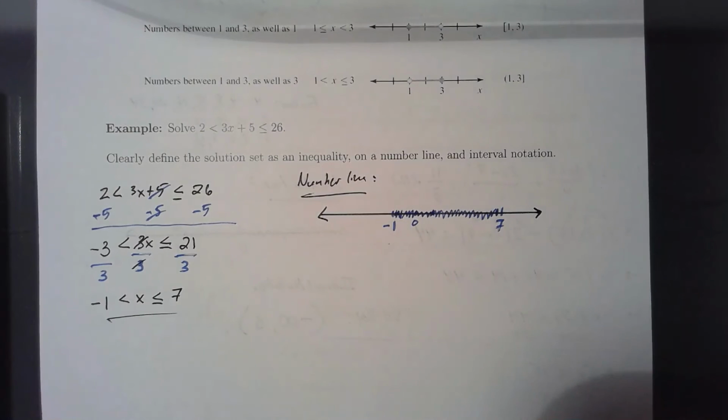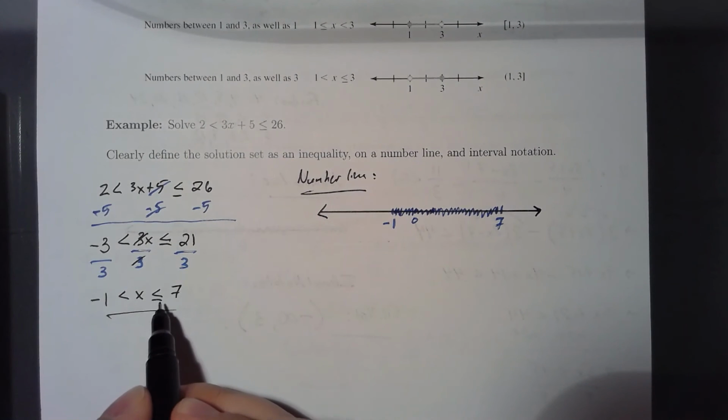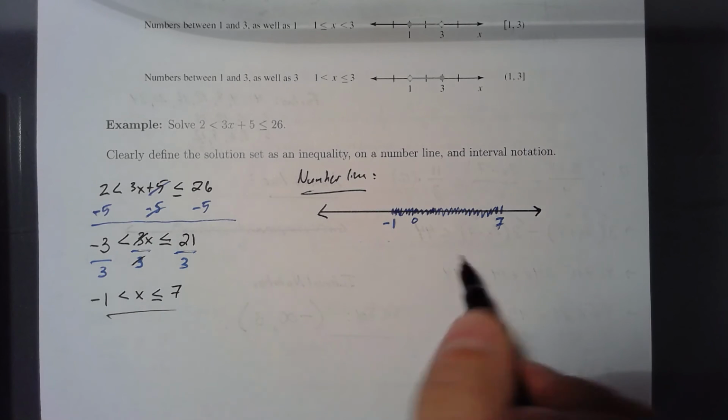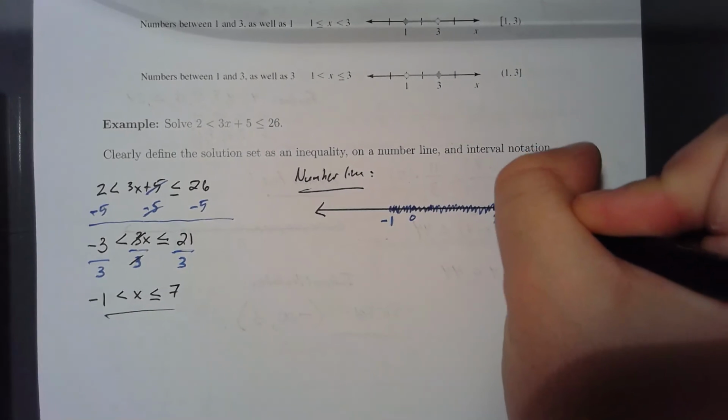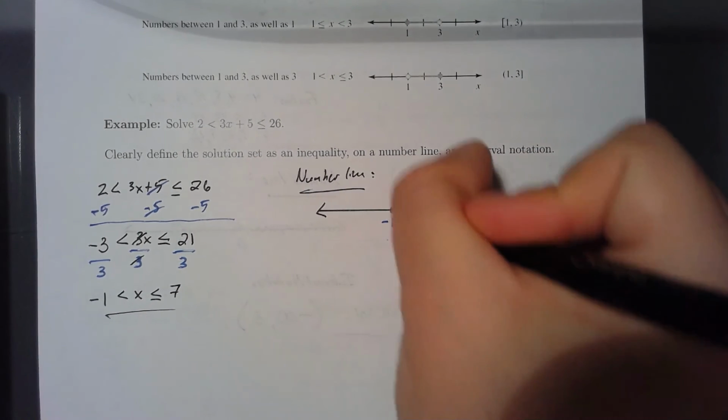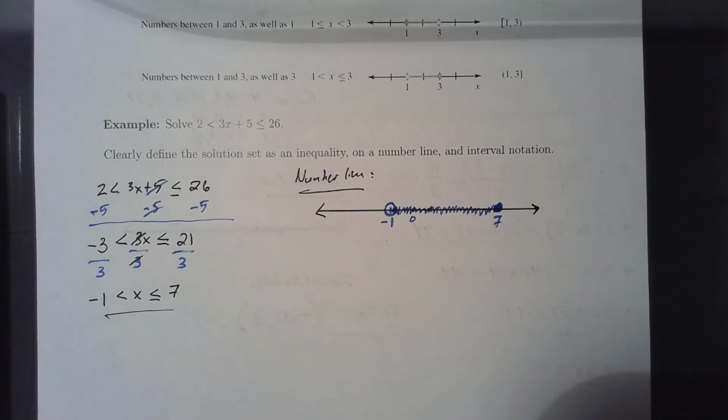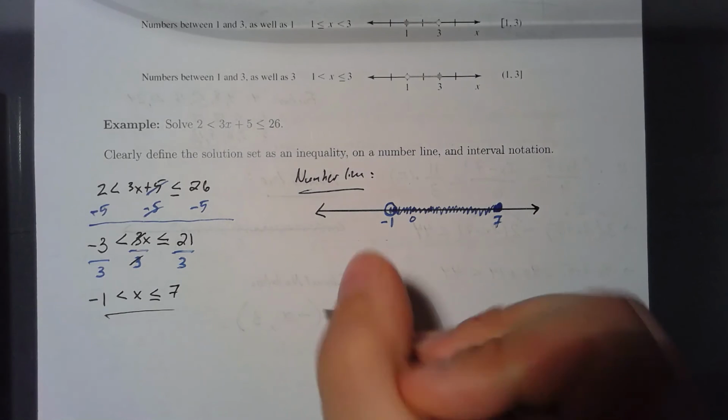That's this section. So do I include 7? Because it's solid here, I have an equal to. So 7 is a solid dot. Negative 1 is an open dot. So finally, my interval.